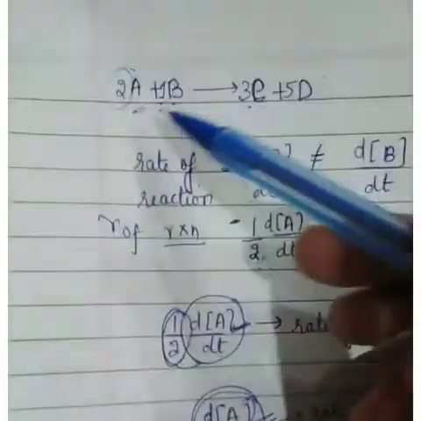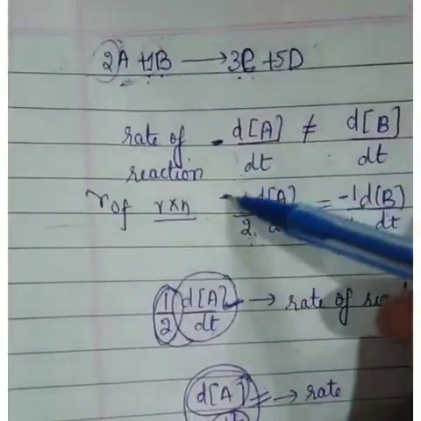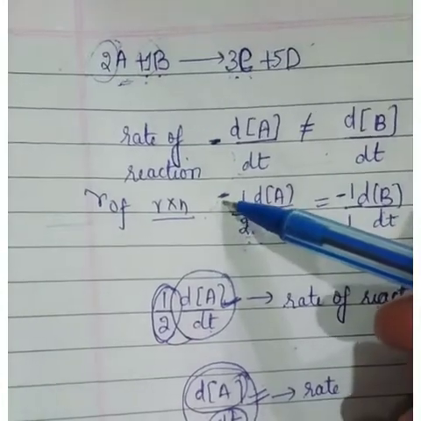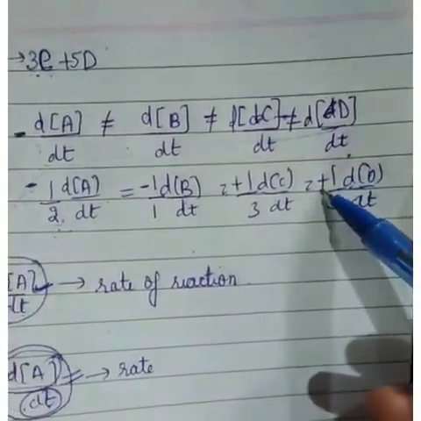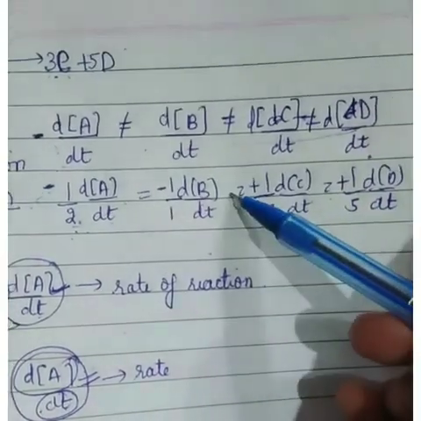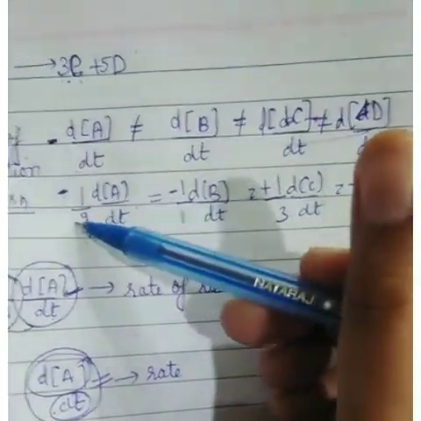The rate of the reactant species will be denoted by the negative sign, and the rate of the product species by the positive sign, with equal signs in between.